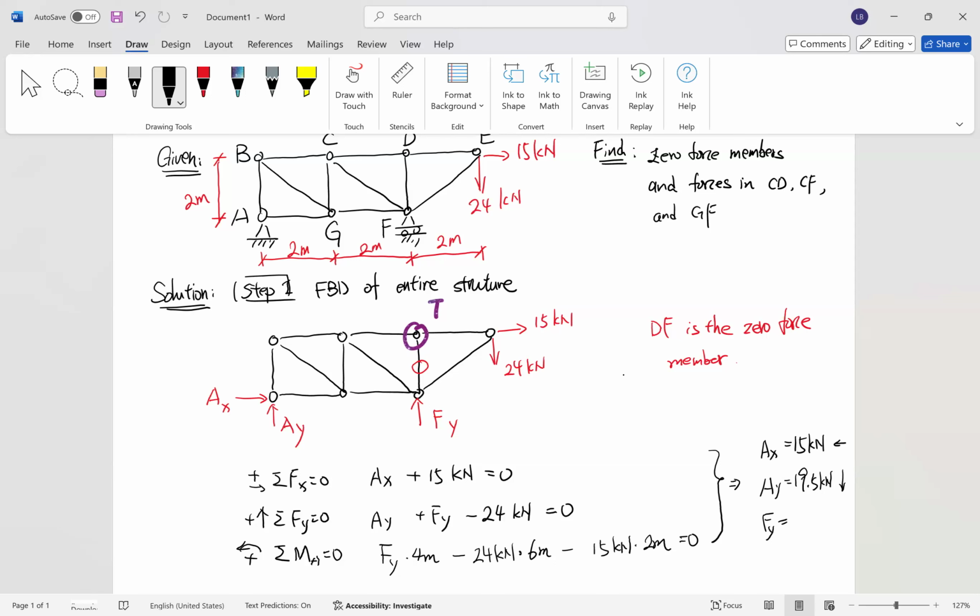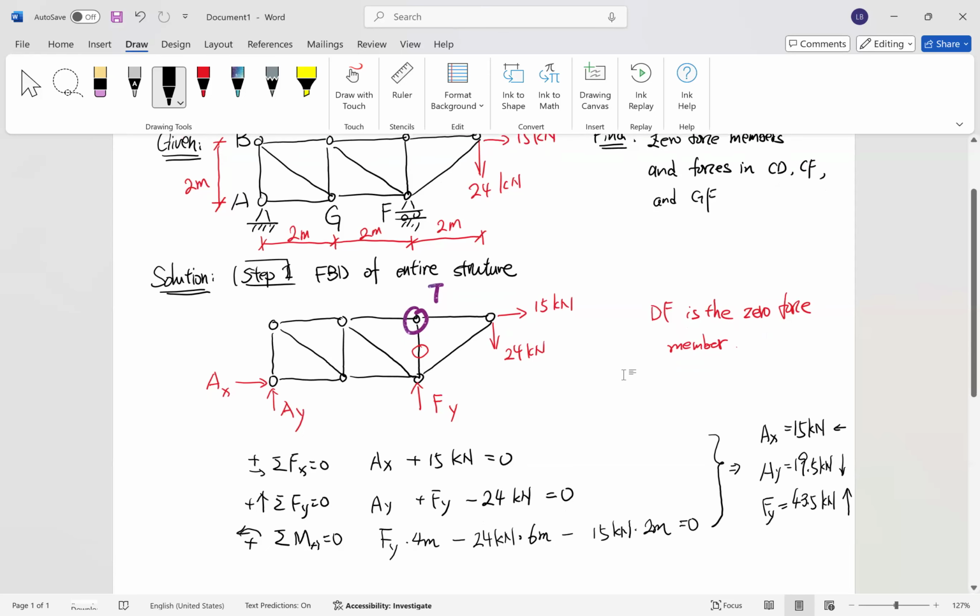So it is actually a positive number here, and it is 43.5 kilonewton, but it's going upward. Okay.